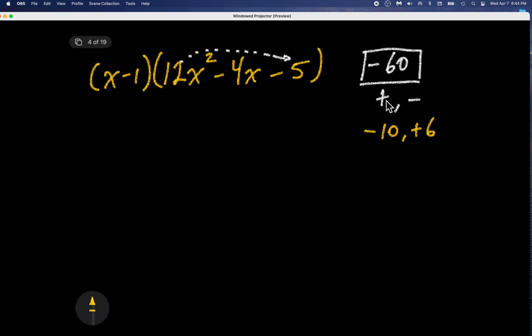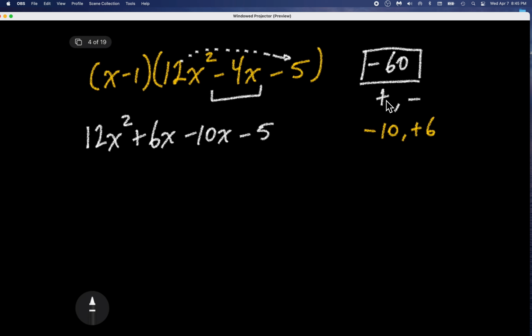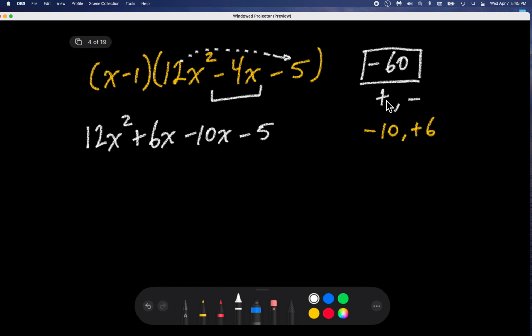Then what we're going to do, folks, is we're going to get creative. We're going to rewrite negative 4x as follows. Okay, we're going to rewrite 12x squared, and instead of writing negative 4x, we are going to write positive 6x minus 10x. And then we're going to rewrite the negative 5. Now notice, I could have written negative 10x plus 6x.